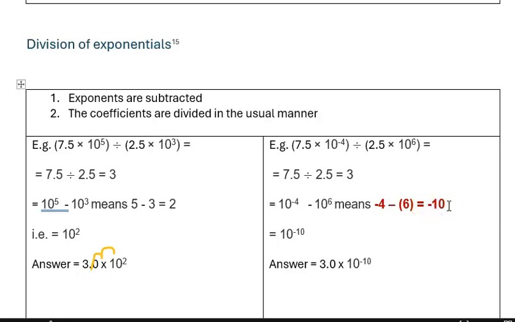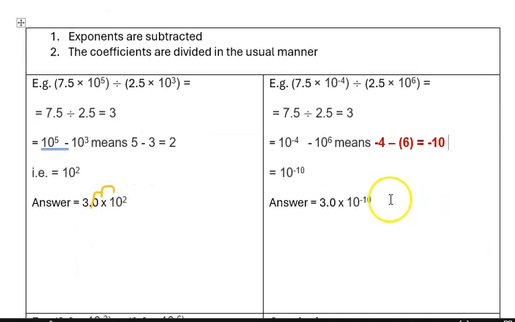So this is where it gets really tricky. Students, if you don't remember how negative and negative subtract, all I do to make my life easier is convert something like this to the natural form, work it out as best as I can, and then convert it back into an exponential.